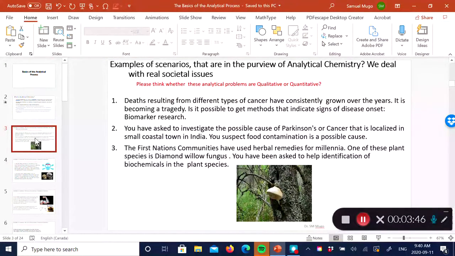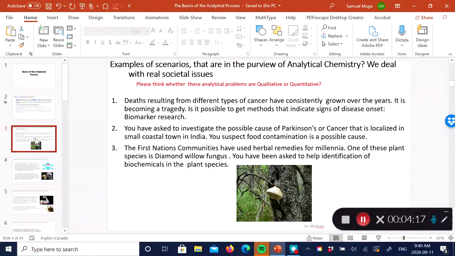Because I think we all know with cancer, if it can be detected very early, the prognosis often is very good. And this is in the purview of biomarker research. So can we identify the early proteins, or what you call biomarkers, that would indicate that a person may be predisposed to getting different types of cancer.